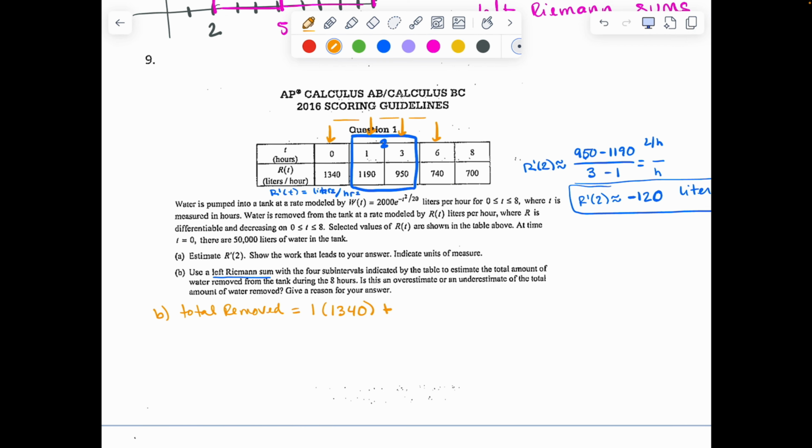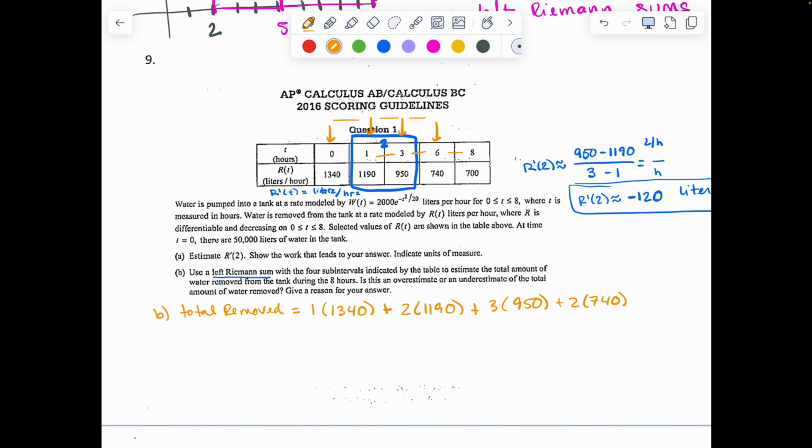Our second rectangle from 1 to 3 has a distance of 2, and our left side is 1190. Our next rectangle from 3 to 6 has a width of 3, and our left side is 950. The next rectangle from 6 to 8 has a distance of 2, and the left side of that rectangle is 740.